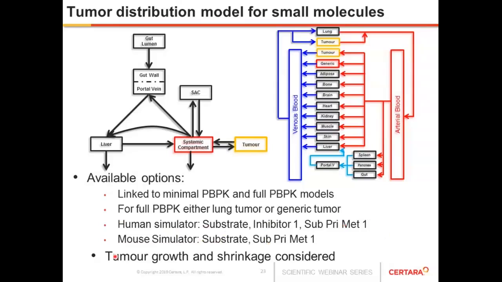One other thing to mention is that we can consider tumor growth as well as shrinkage, and that can be modeled dynamically in terms of pre-treatment growth, as well as the effect of treatment on that tumor, and also changes within the tumor can be modeled. So, for example, changes in blood flow, or different compositions of that tumor can be modeled as well.